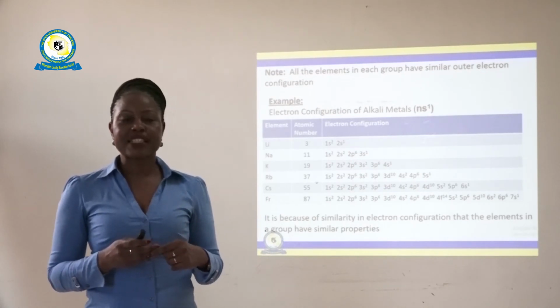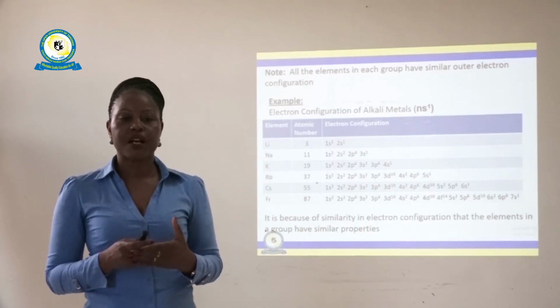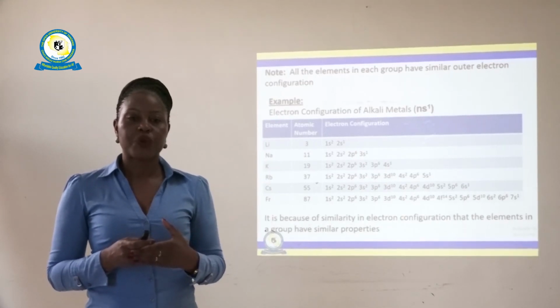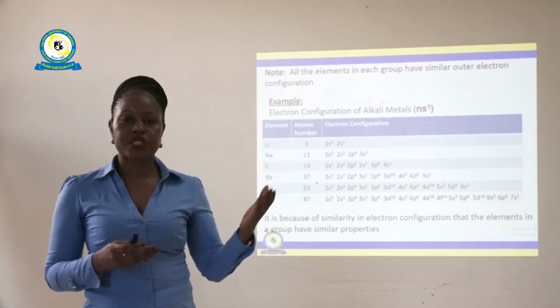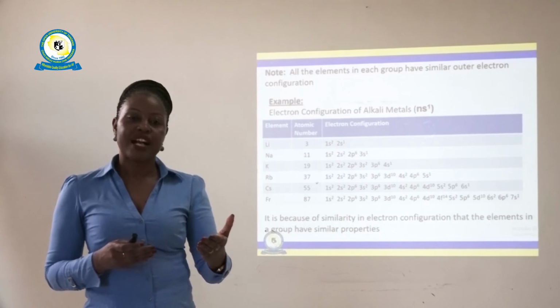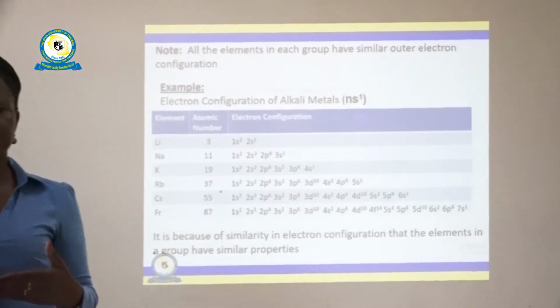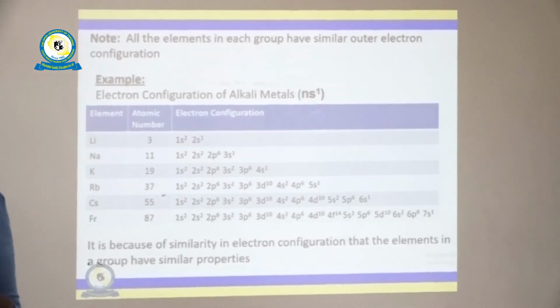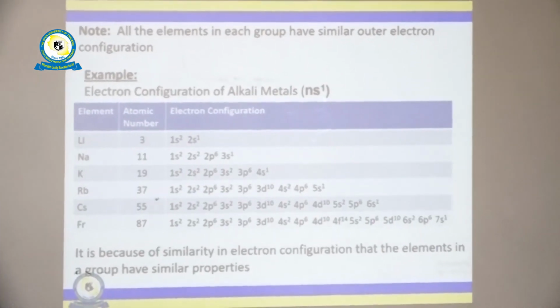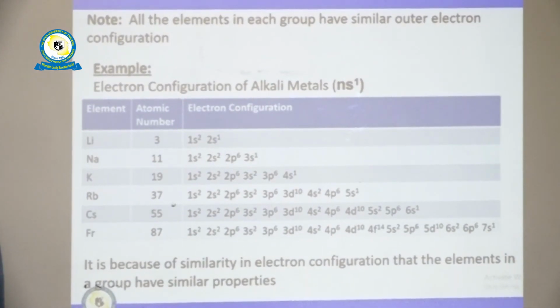Now, let us take an example of elements in group 1, which are alkali metals. Let us take the example of the first 6 of them: lithium, sodium, potassium, rubidium, cesium, and francium. You find that they all end up with s1.